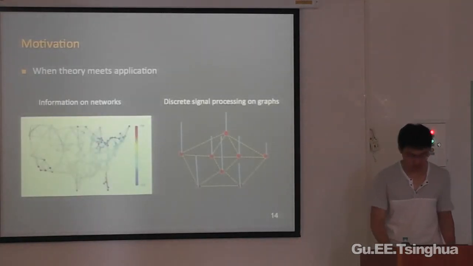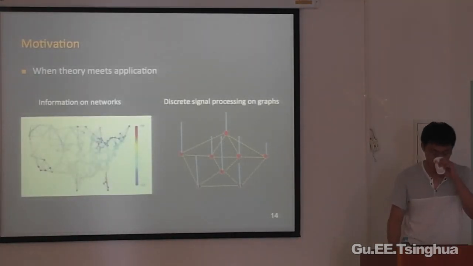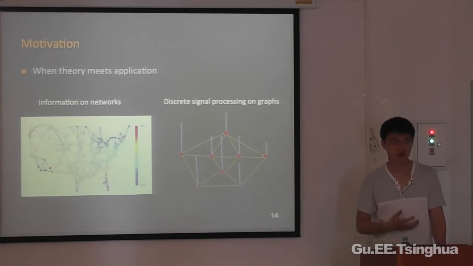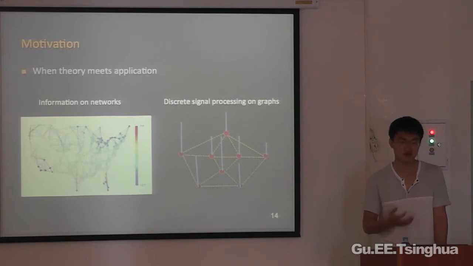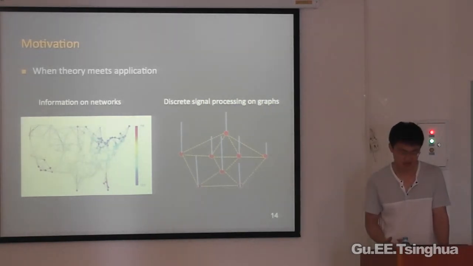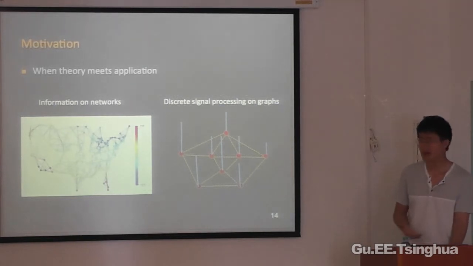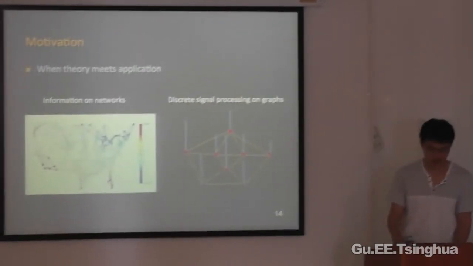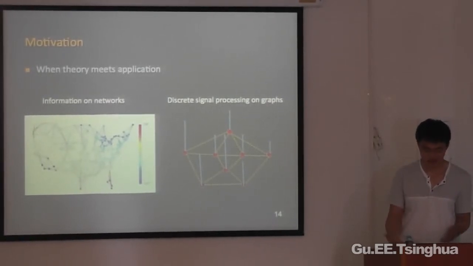So we see that we have some applications. We want to process the data on the network, and we also want to generalize the framework of classical DSP. Then it's a heavy lift. We have a theory that can process the information on networks, so we want to combine the ideas and achieve something.